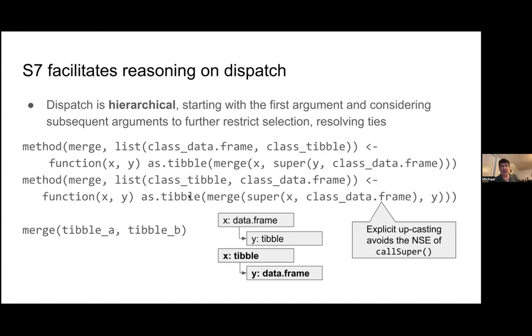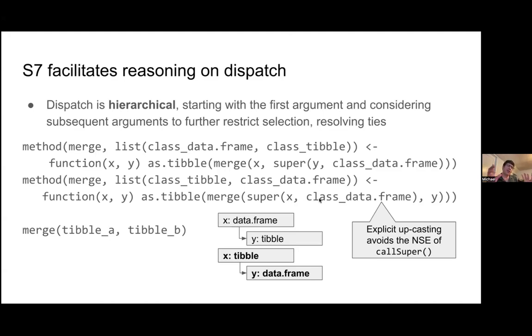So in this case, because we want to have, if we want to call it a base merge method, but you have a tibble coming in, right? We want to be able to upcast this thing so that dispatch no longer considers this method, so you don't end up in an infinite recursion here. By doing this, it doesn't actually change the class.